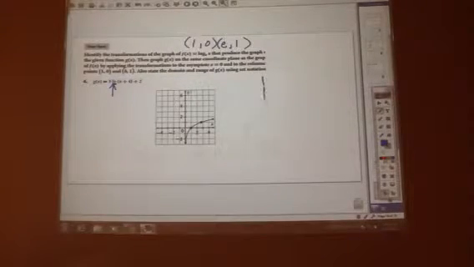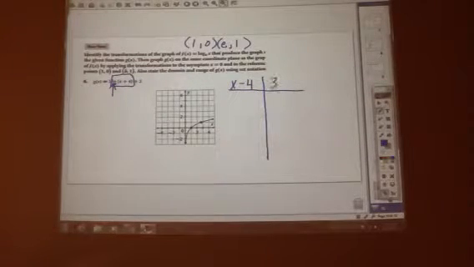So we will make our t-chart. What are we doing to the x? We are opposite of that. We are subtracting 4. And to the y, all of this right here is going to be my y.